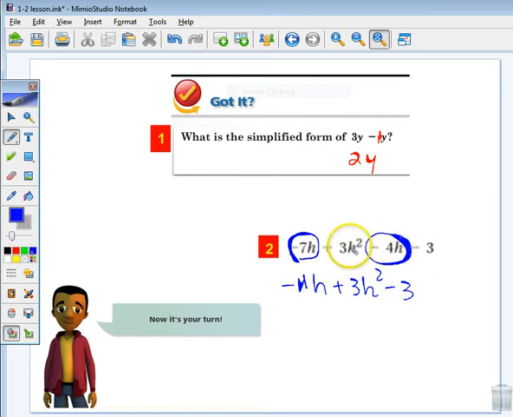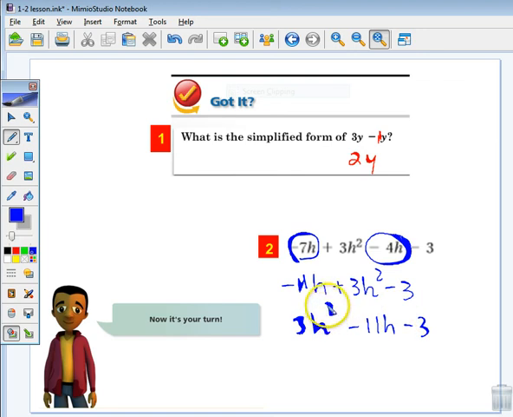Alright, here we're talking about apples, here we're talking about oranges. So we cannot put them together. Now, the most politically correct way, the best algebraic way to write this would be 3h squared minus 11h minus 3. So we look at their degrees, their exponents.